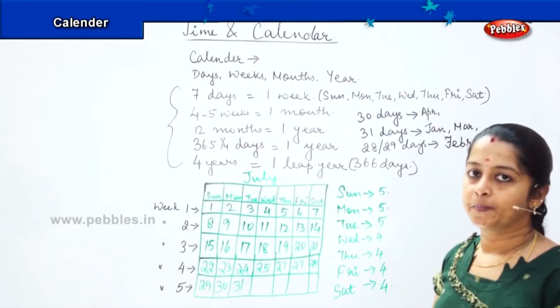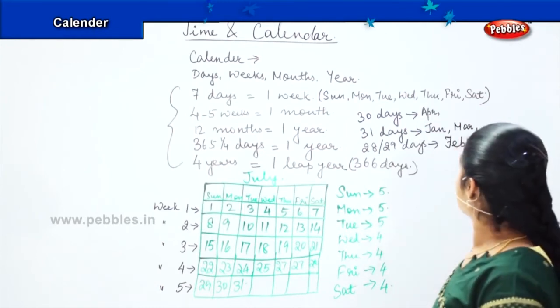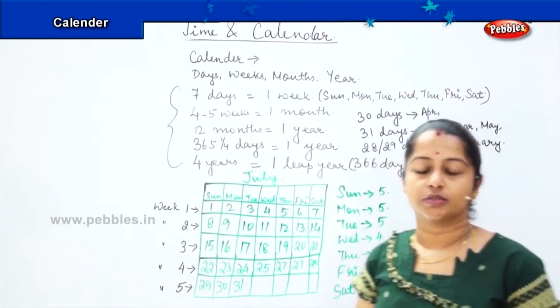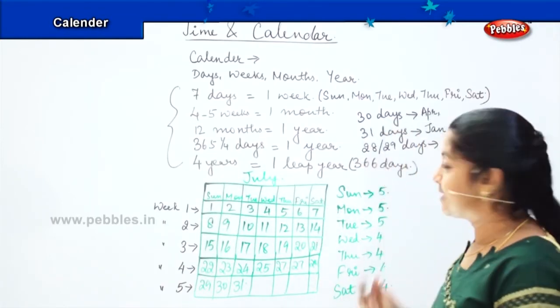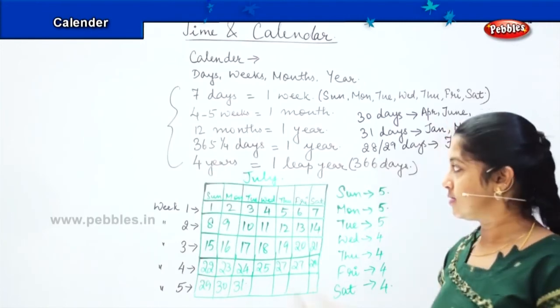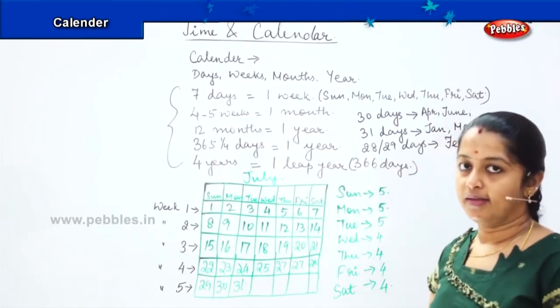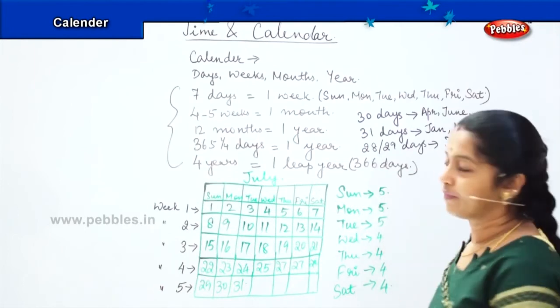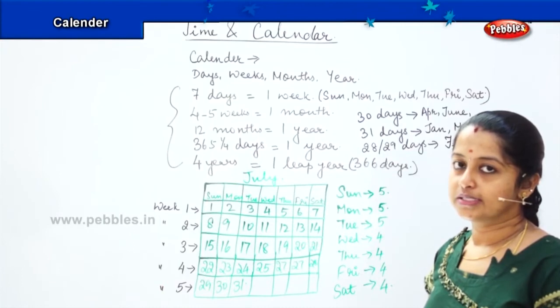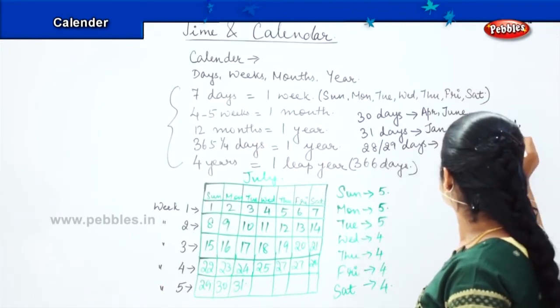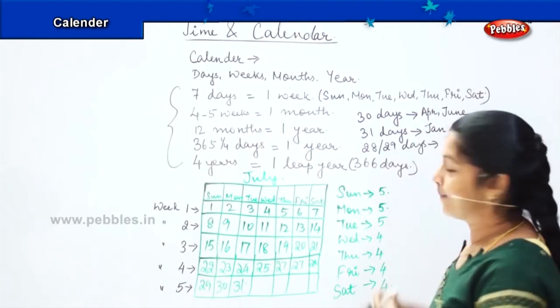May? Yes, it comes again in 31 days. How about June? June has 30 days. July. See here, July, how many days? 31. Very good. So July has 31 days. How about August? Yes, August also has 31 days.